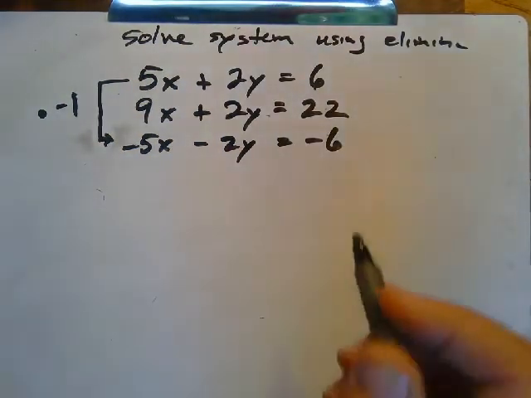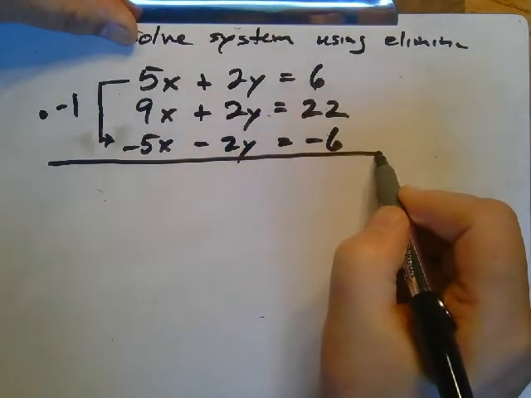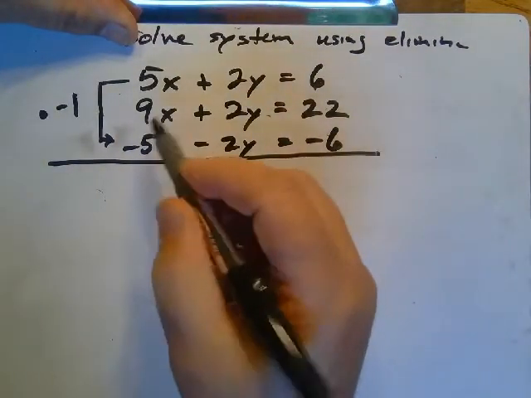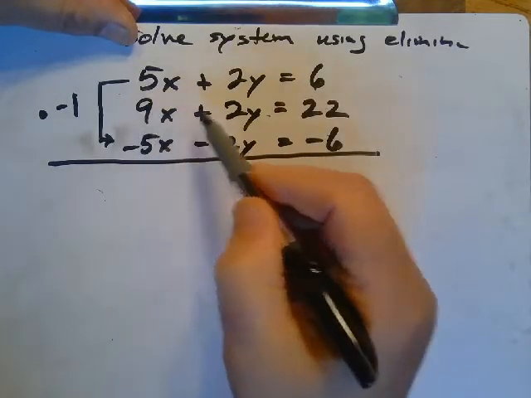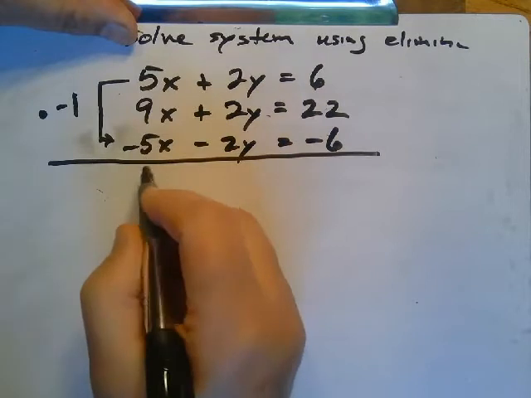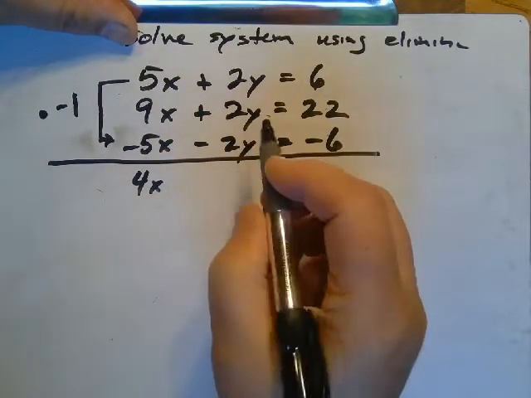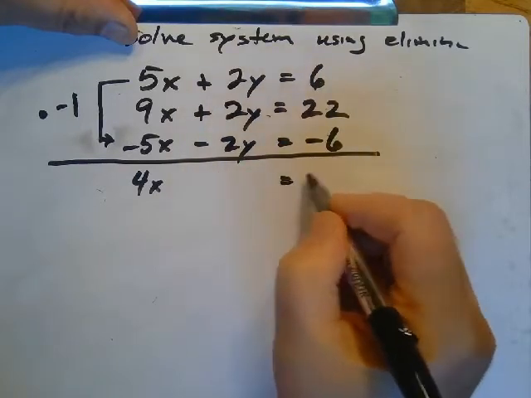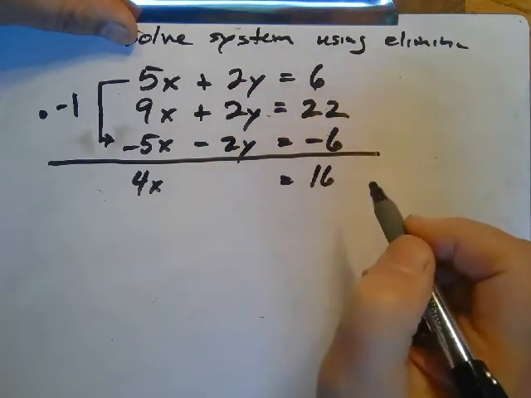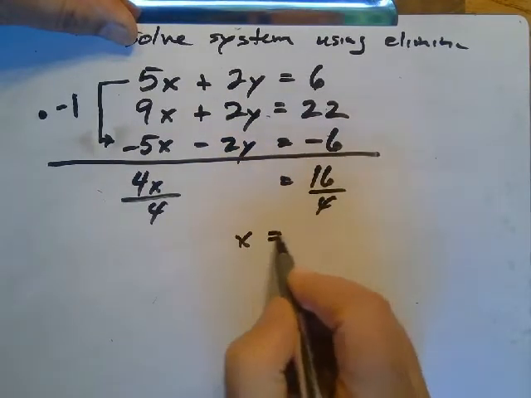Now, the good news is, when I draw my line to add these together, I'll end up with y going out. I end up here 9x minus 5x is 4x. This again is 0y, and this becomes 16. So dividing both sides by 4, x is equal to 4.